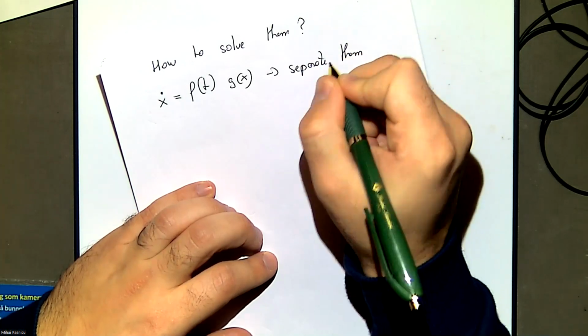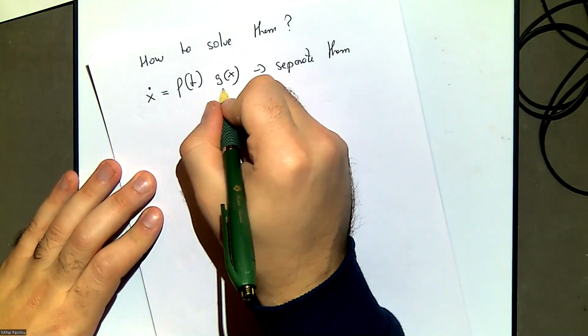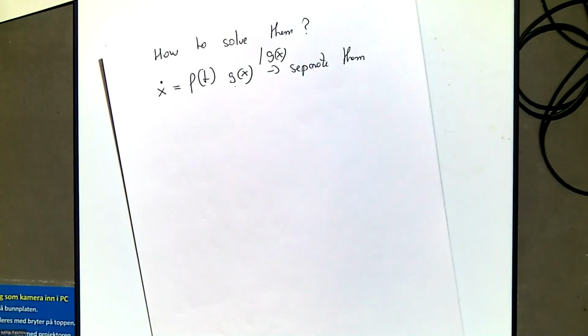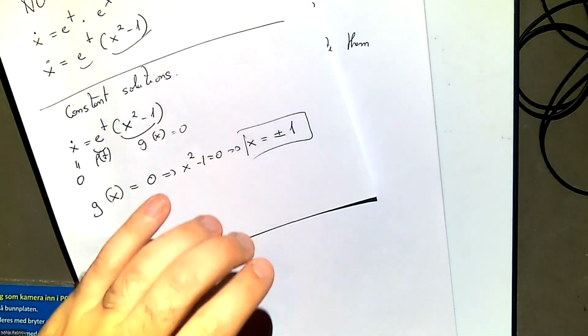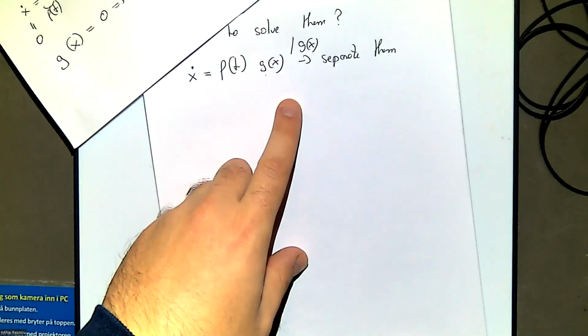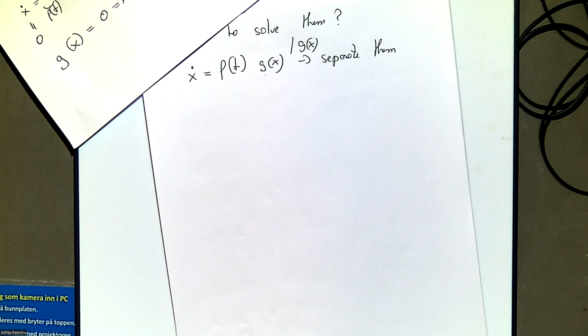I know it's not a great idea, but it's all I can do. So I'm just going to divide the equation by g of x. And now I hope you understand why we need to check the constant solutions, because I can't divide by 0, right? If x is equal to 1 or minus 1, then g of x is equal to 0, and I'm basically dividing by 0, which means that all that I'm doing is worth 0 points, okay?